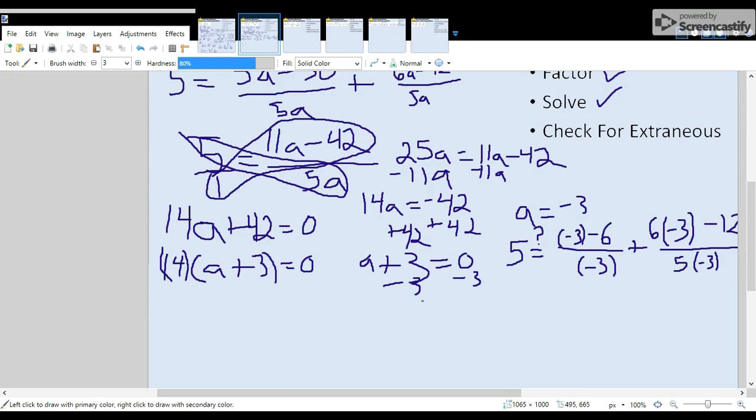So if you multiply all that out, you should get, is 5 equal to -9 divided by -3 plus -18 minus 12 all over -15.